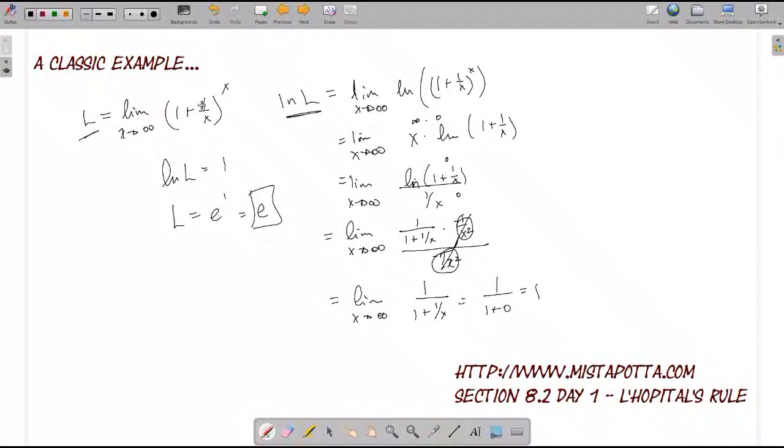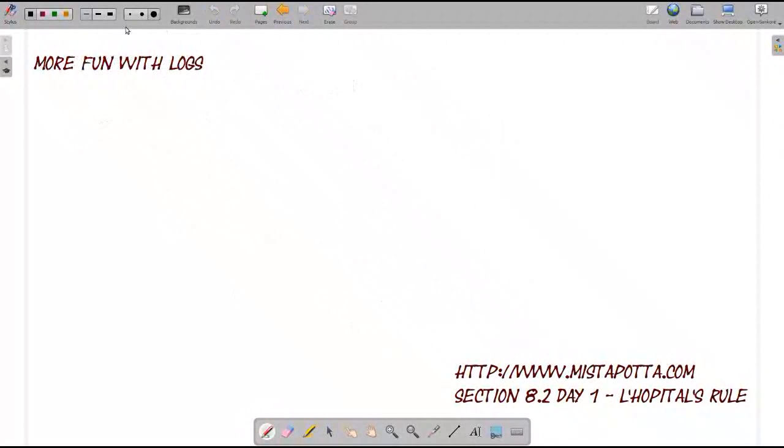So this is a classic example of one of the limits that we've solved, and we can do this using L'Hopital's rule. I talked about the other two indeterminate forms, and I want to try at least one of those here. So more fun with logarithms.